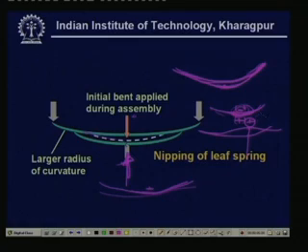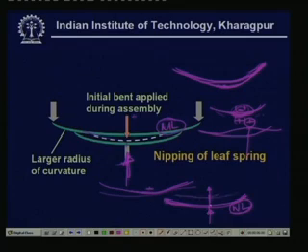And in this situation, what is happening? Just by pulling it inside, I am talking about the next leaf. This is the next leaf. I am writing NL for next leaf, this is the master leaf, ML, and this is NL. So, the next leaf has already got a pull like that. When a load comes over, it gets an additional load like that.